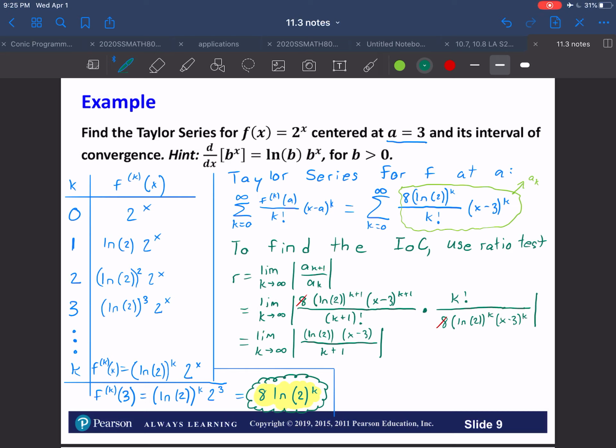Because of space, I'll just write that this is equal to natural log of 2 times the absolute value of x minus 3. Remember, we keep the absolute values around the x part, times 0. And so this whole thing is equal to 0.